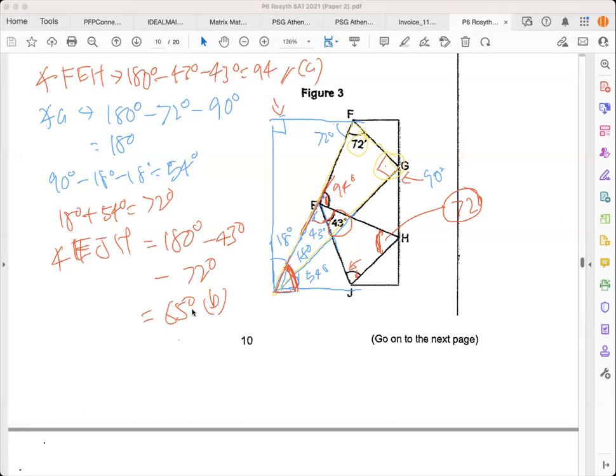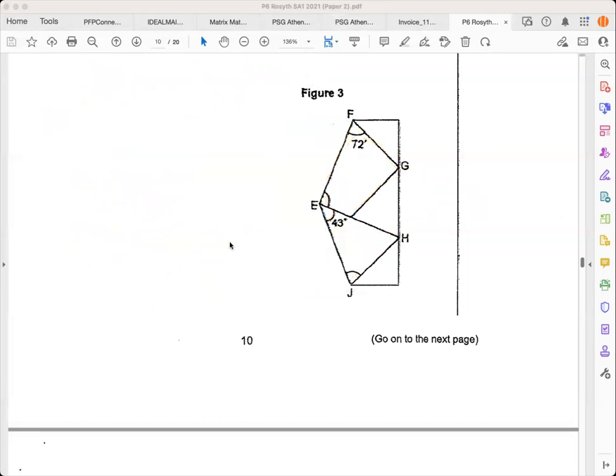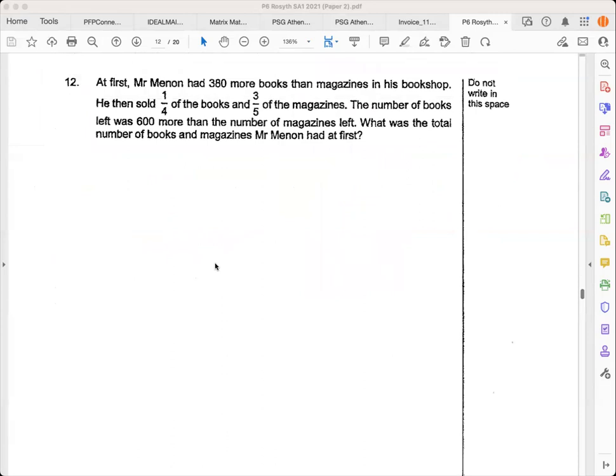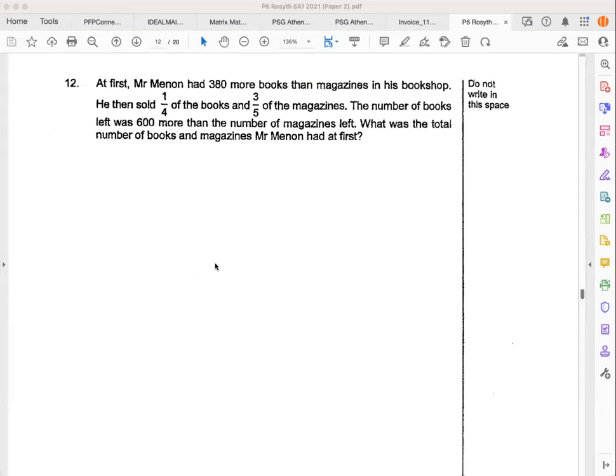Okay, let's continue with question number 12. So at first, Mr. Menon had 380 more books than magazines in his bookshop. He then sold 1/4 of the books and 3/5 of the magazines.